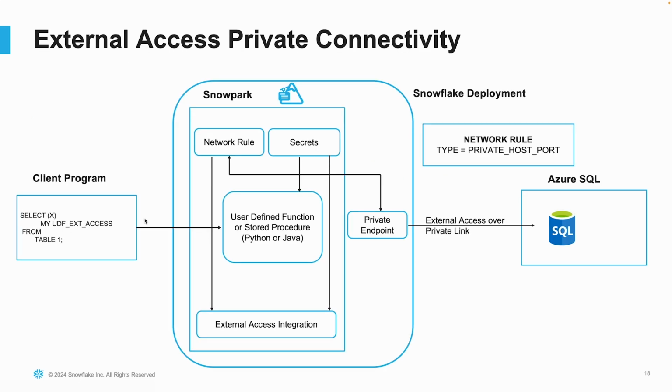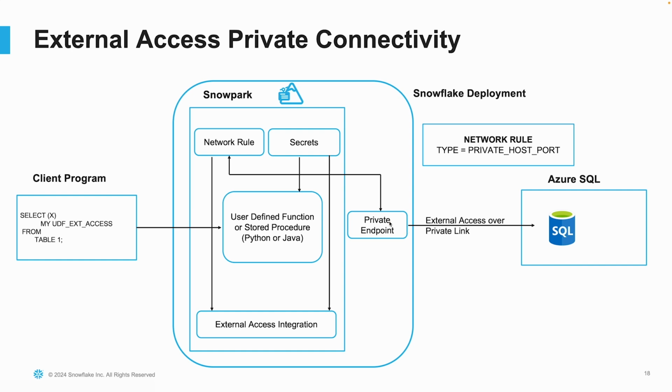So let's take a look at how this applies to external access in case of Snowpark. Now with external access, you create a network rule that allows you to define the set of external services or endpoints that you want to connect to. Now with private connectivity, you end up creating a private endpoint which maps to an external resource in case of Azure, similarly an external service in case of AWS.